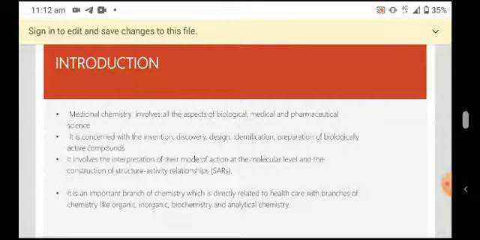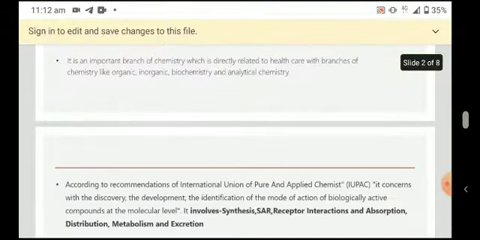Next, it is an important branch of chemistry which is related with the healthcare system, with various branches like organic chemistry, inorganic chemistry, biochemistry and analytical chemistry. Means health is concerned with all these branches of chemistry, which are also important for medicinal chemistry.